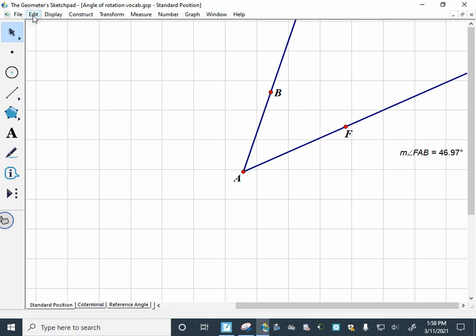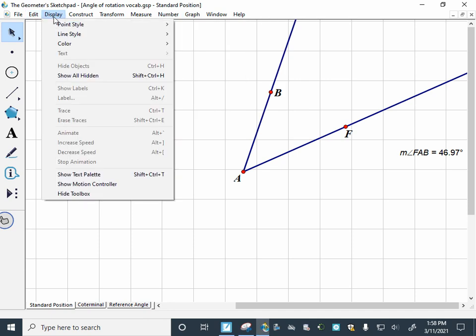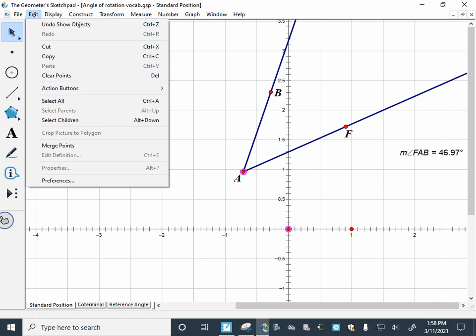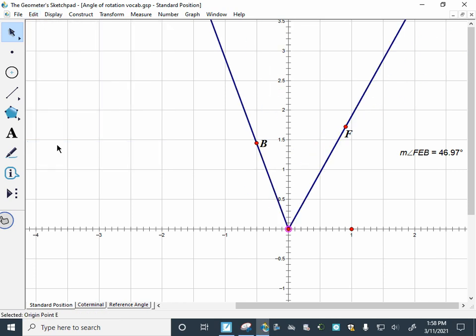Let's see, I'm going to show all the hidden stuff that is along the way here. I need the vertex to be moved to the origin, still at 46.97 degrees, and then I need the initial side to be moved onto the positive x-axis.